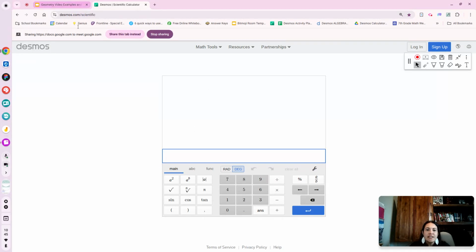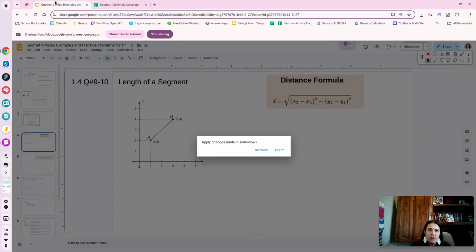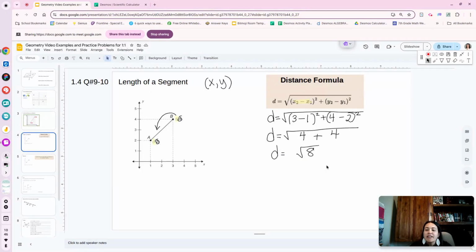Okay, so for Desmos, we can put that whole thing in. If you want, you can just check that you did all the work correct. So meaning all of the operations under the square root, you can check that that does in fact simplify all down to 8.